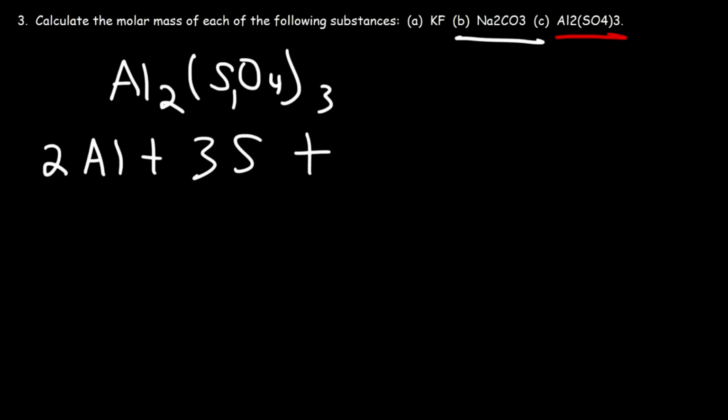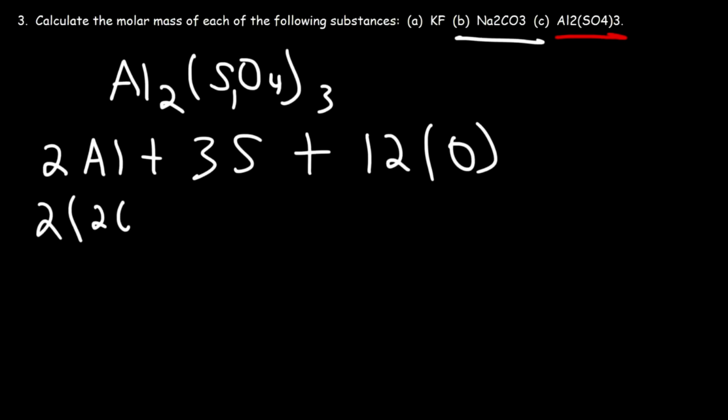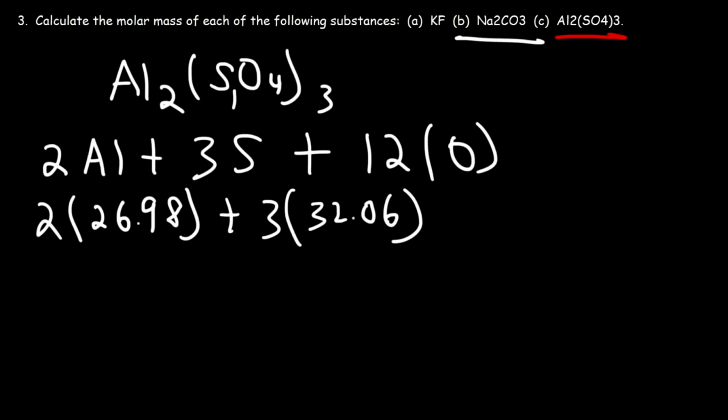Now how many oxygen atoms do we have in this compound? In this case, it's going to be 4 times 3, because we have 3 sulfate units, and each sulfate carries 4 oxygen atoms. So we have a total of 12 oxygen atoms. Now the atomic mass for aluminum is 26.98, and the atomic mass of sulfur is 32.06.